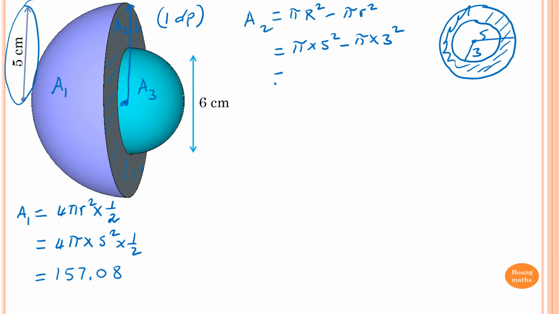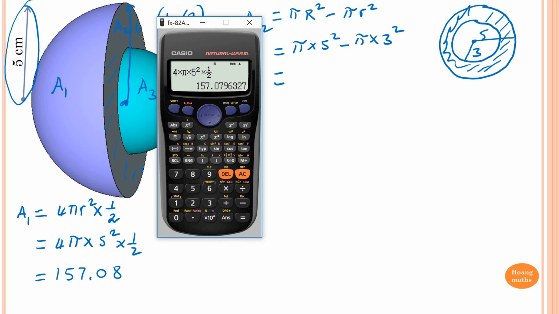So now all I need to do is put that in a calculator. Now I need to store the first part in the calculator memory first, because we're going to use that later. So I go answer, shift, store A. So now I just put this in the calculator.